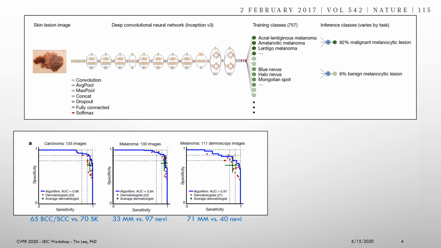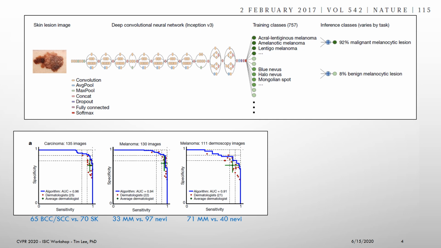Finally, the rightmost panel of figure A shows the comparison of 21 dermatologists and CNN on differentiating 71 melanomas and 40 nevi using dermoscopic images. The area under the curve was 0.91 and again outperformed most of the 21 dermatologists and their average.